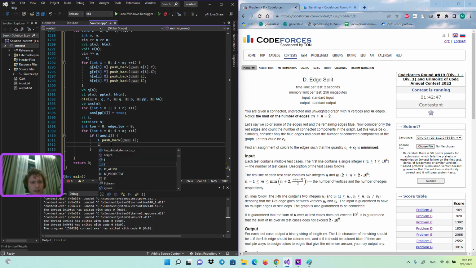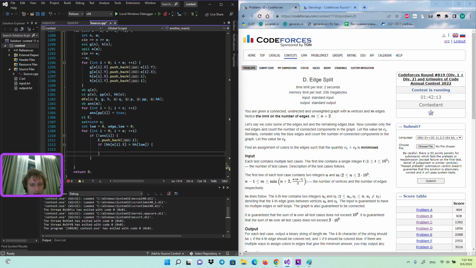So what do we do here? We take e i dot x, and this is the first endpoint. So we say if HH of this vertex is greater than HH of low, then we just take low equals e i dot x and edge low equals i.